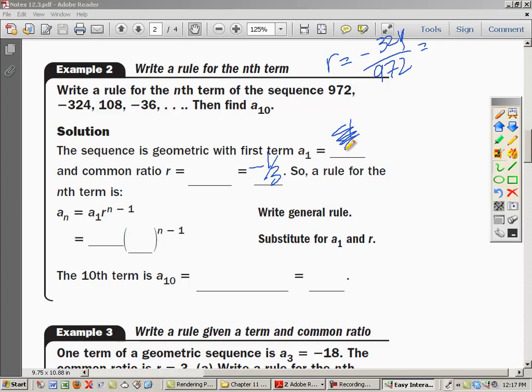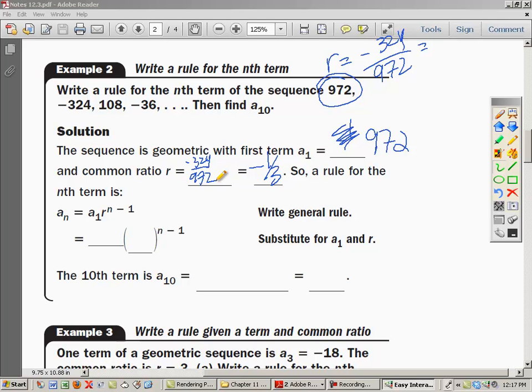The first term in the sequence is given, this is 972, so I got a little ahead of myself. So this becomes negative 324 over 972, and that comes out to negative 1/3. So my common ratio is negative 1/3.